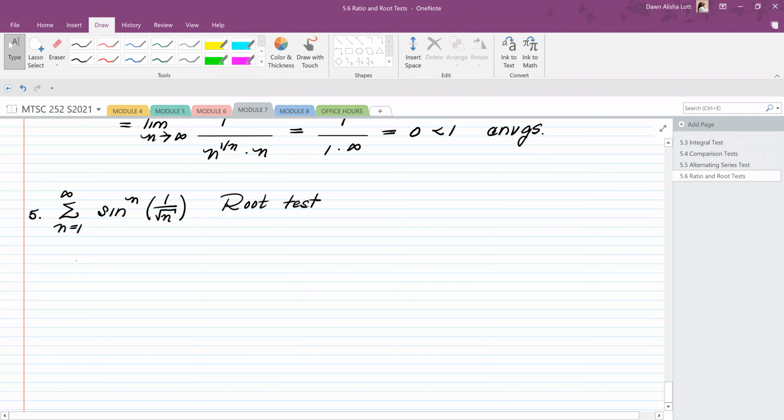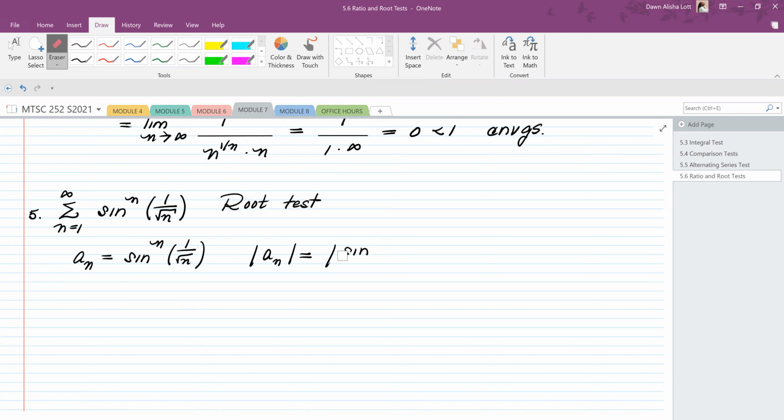So a_n is the sine to the nth power of 1 over the square root of n. It's not positive, so we have to take the absolute value of a_n, the absolute value of the sine of 1 over the square root of n, to the nth power.